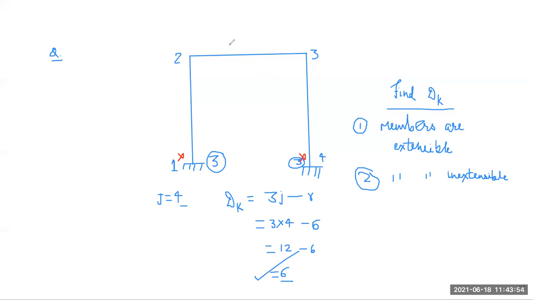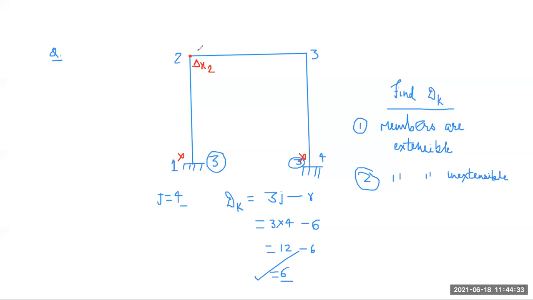But at joints 2 and 3, which are rigid joints in a beam or frame, you have three possible degrees of freedom: delta x, delta y, and rotation.